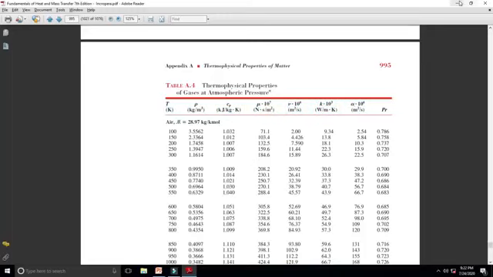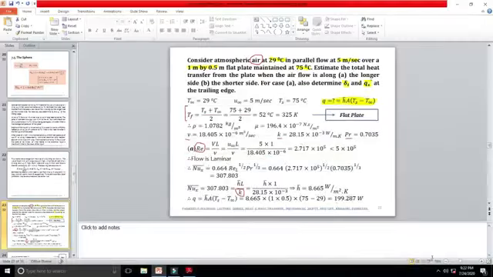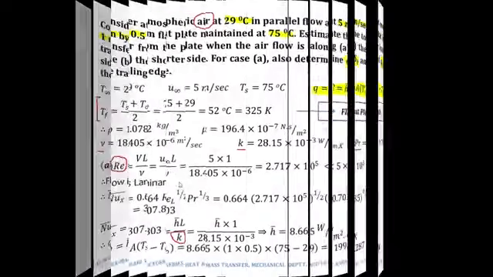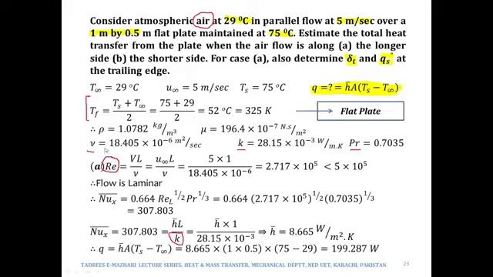So in this way we would be able to get nu as 18.4 times 10 to the power minus 6 meter square per second, K as 0.02815 watts per meter Kelvin, and Prandtl number as 0.7035.